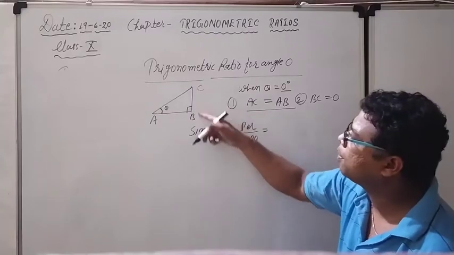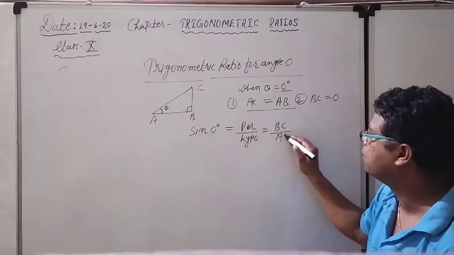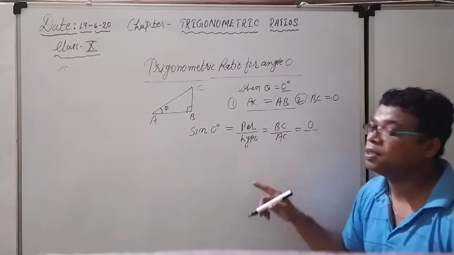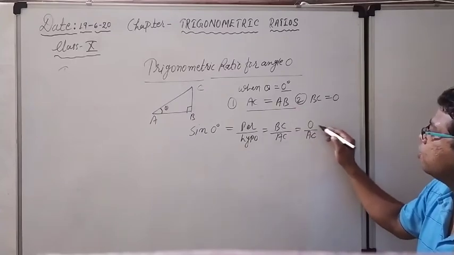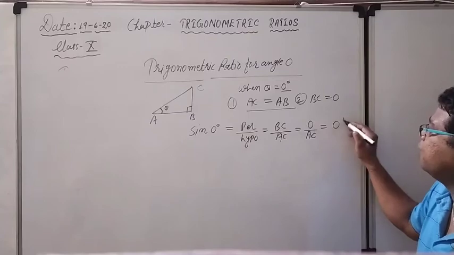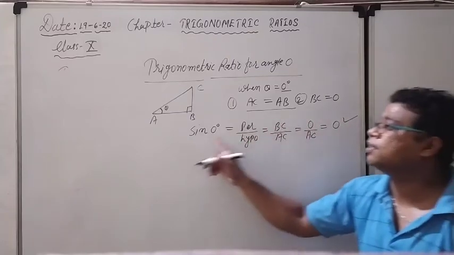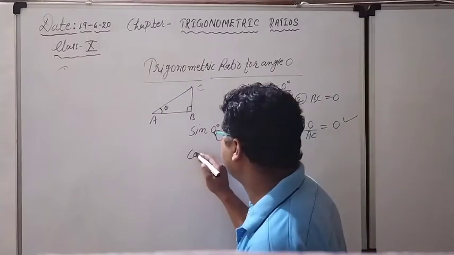What is the perpendicular? Perpendicular is BC upon what is the hypotenuse? AC. Right now see, what is the BC? BC is going to be 0. And after that AC, and if we are getting 0 in the numerator, it means the whole value will be 0. So sine 0 is equal to 0. What is the value of sine 0 degree? 0.